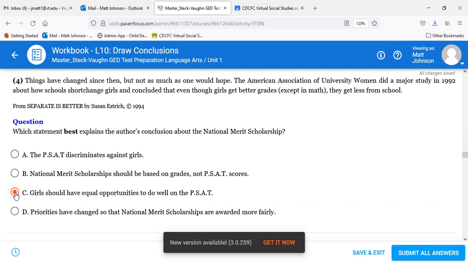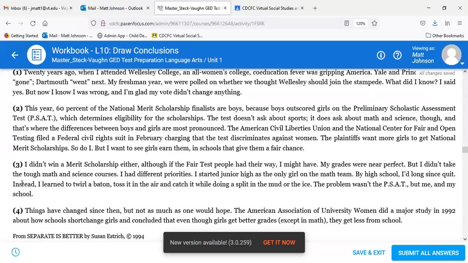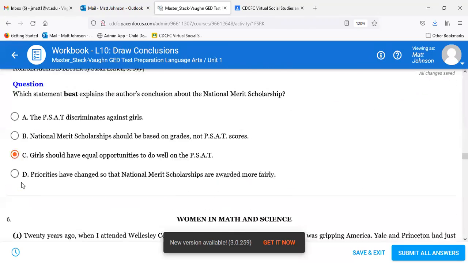And the same thing is with the National Merit Scholarship. It's the fact that girls don't do well on the PSAT, and that's because, sort of drawing this thread out, because of their skills in math. So she believes in equal opportunity to do well on the PSAT, and that equal opportunity means better math scores overall, right? So C, as in cat, for number 5.